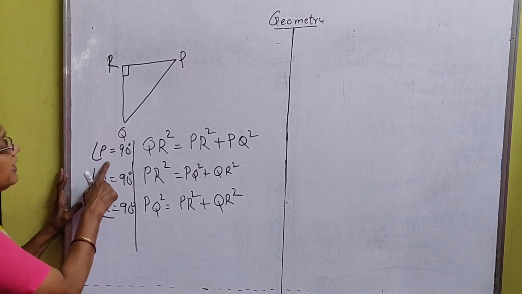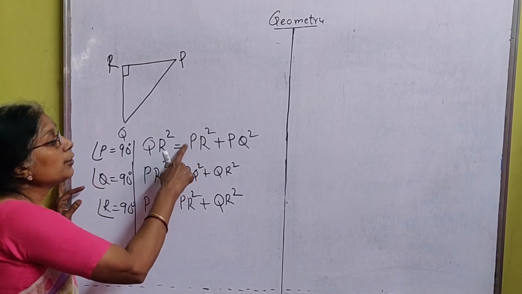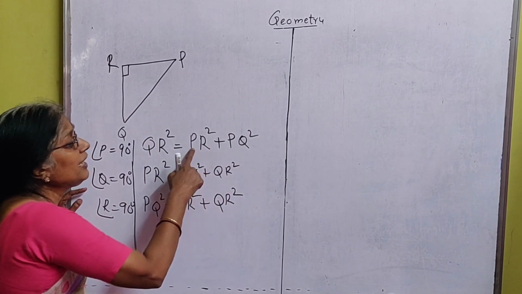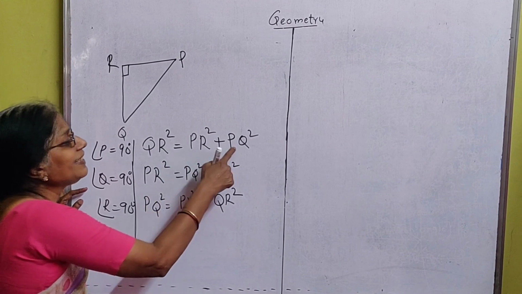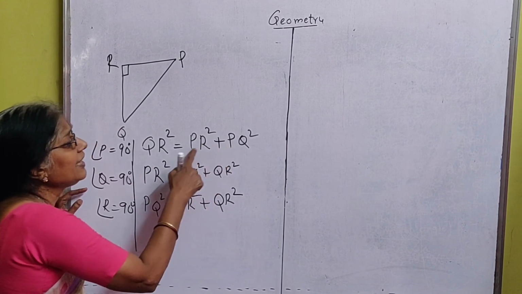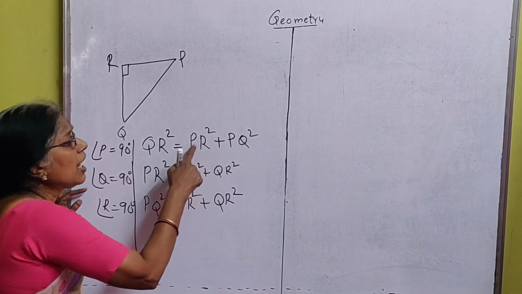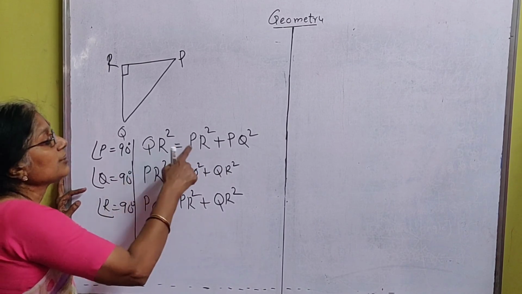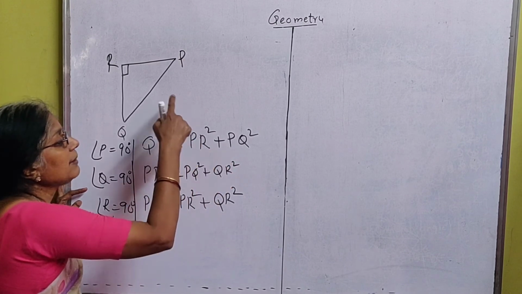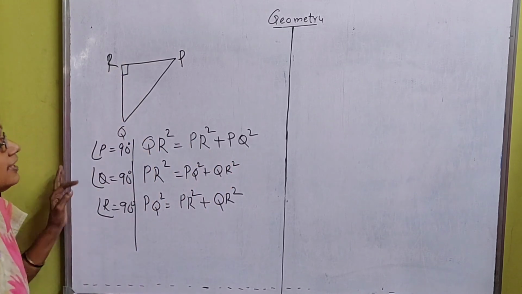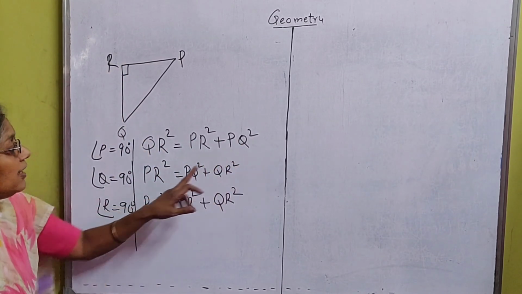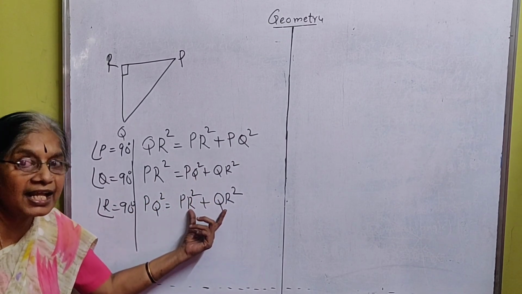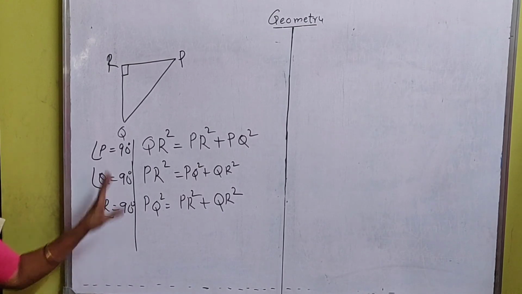If P is 90 degree, the two sides PR and PQ, because the angle P is 90 degree, these two sides you have to take, and QR will become the hypotenuse. So PR plus PQ, because the remaining two sides make the 90 degree. Here PQ and QR came because Q is 90 degree, and here PR and QR came because R is 90 degree. So you came to know how to do this.